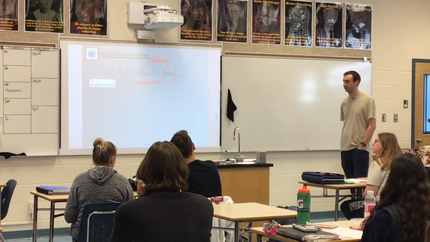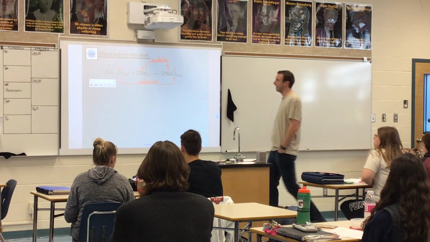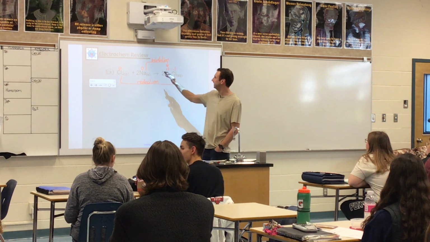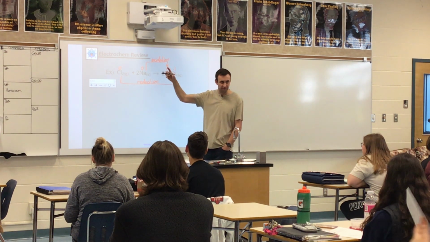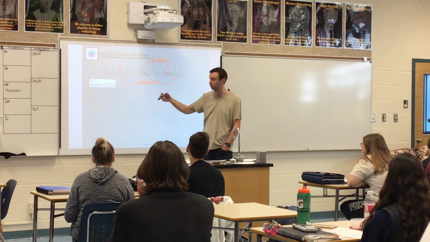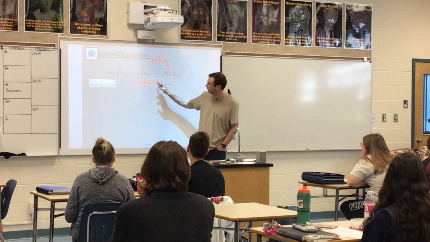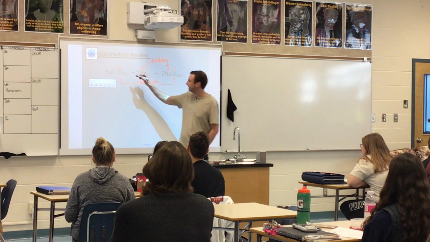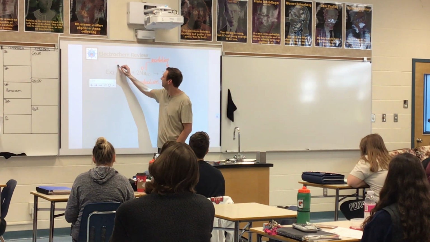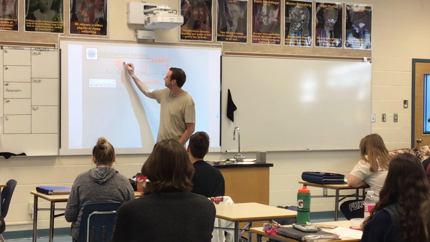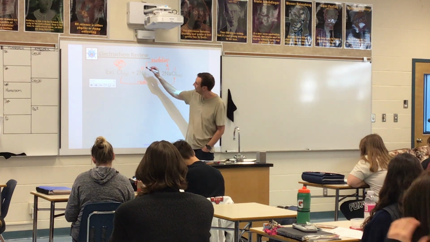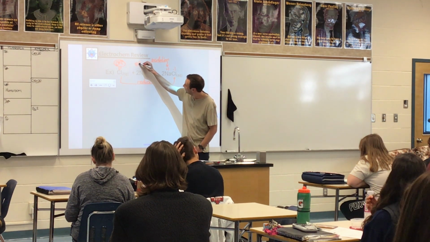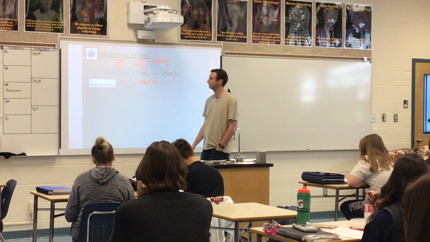Up to you what you think. So now that I've labeled the reduction and the oxidation, I can figure out the agents. The agents are just opposite of the process that's occurring to it. So the thing that gets reduced, that goes through reduction, is the OA. The thing that goes through the oxidation is the RA. Okay?